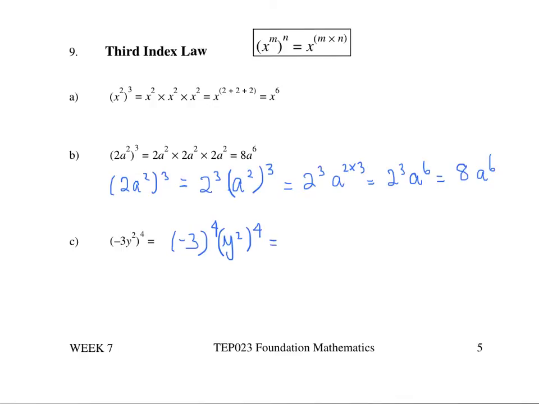So negative 3 times negative 3 is 9, times negative 3 again is negative 27, times negative 3 again is positive 81. 81 y to the power 2 times 4, 81 y to the power 8 is the final answer.